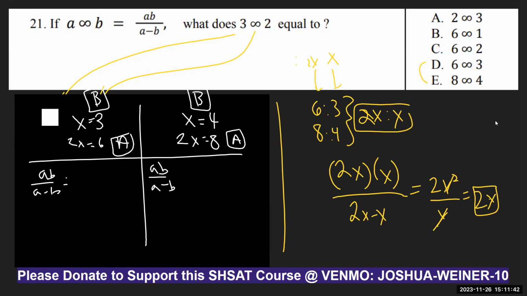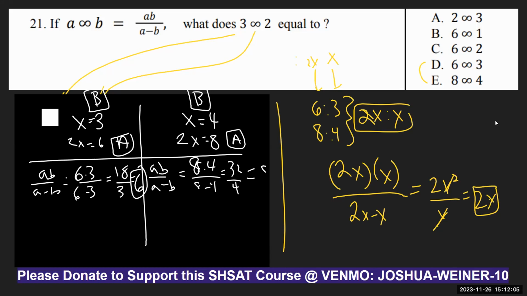Just going back to the theory of it. Okay, so then 6 times 3, this will be 8 times 4. I have it set up correctly. And then A minus B will be 6 minus 3. 18 upon 3 is 6. 8 times 4 over 8 minus 4 is 32 over 4 is 8.